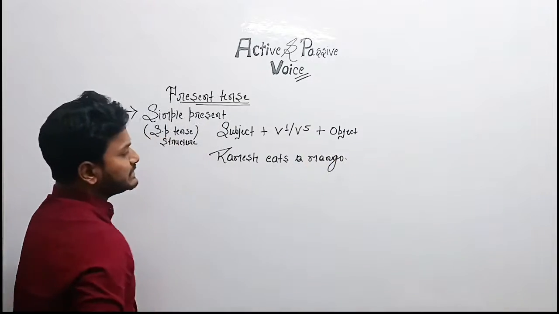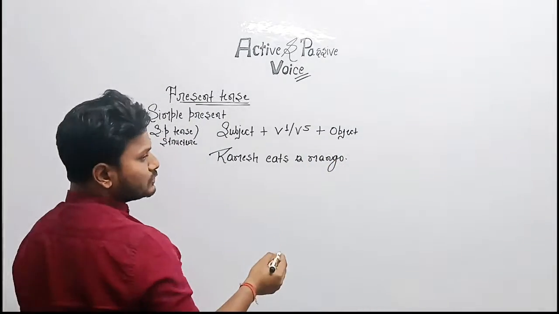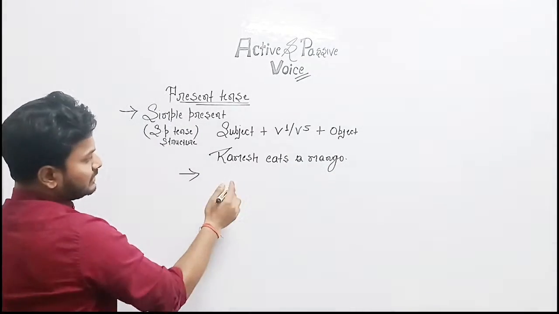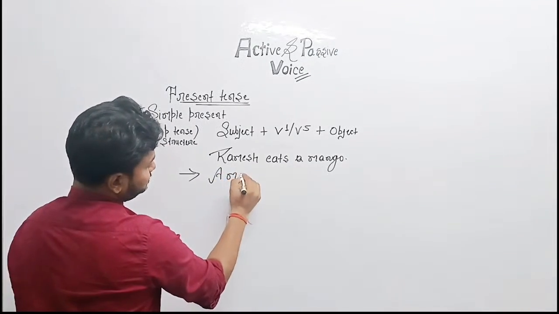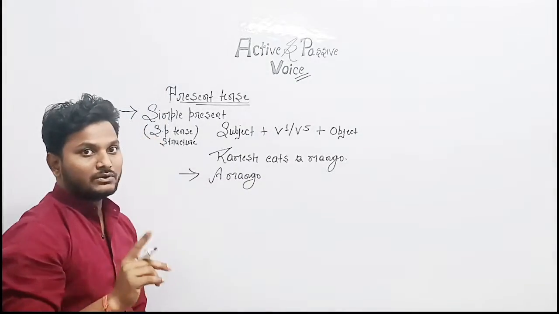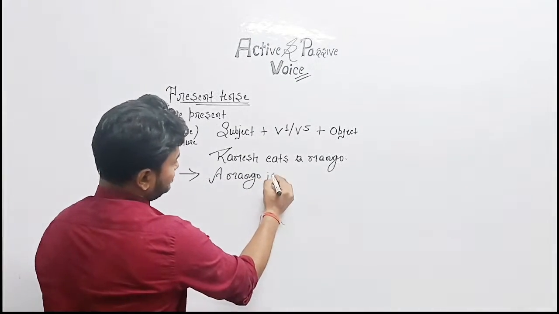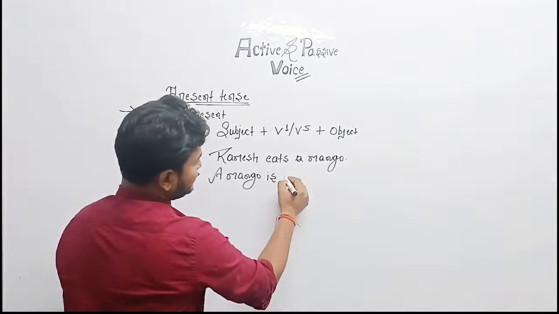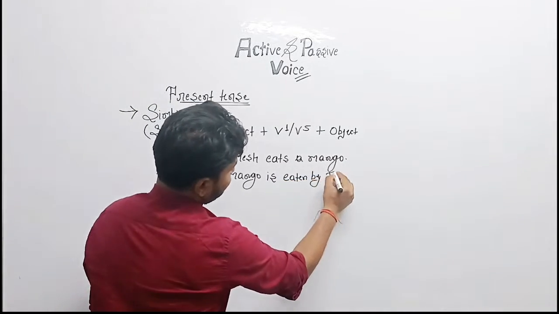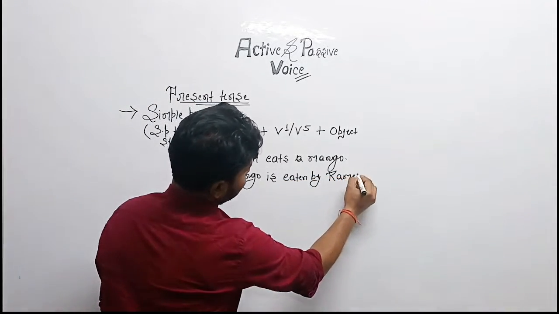This is the simple present tense. Now we have to convert this into passive structure. In the same way, the object becomes the passive subject, a mango. We are talking about only one mango, so "is" will be here. A mango is eaten by Ramesh. It is very simple.